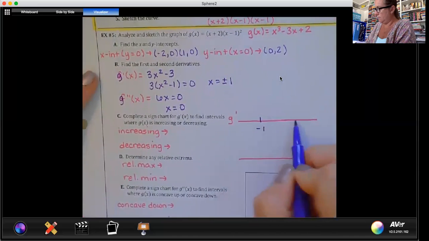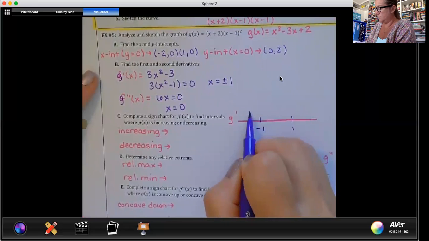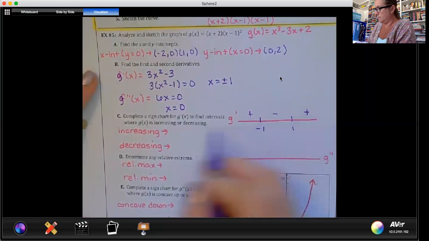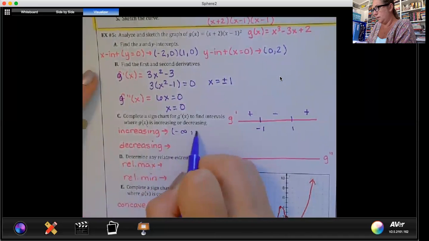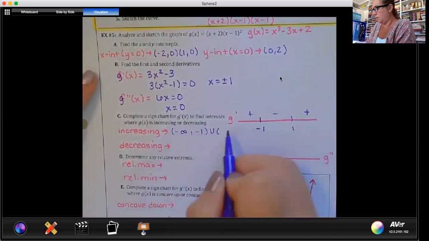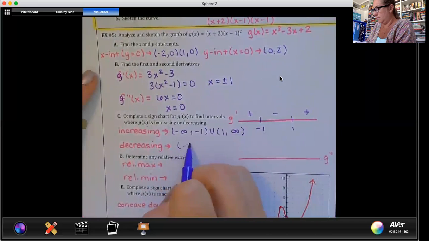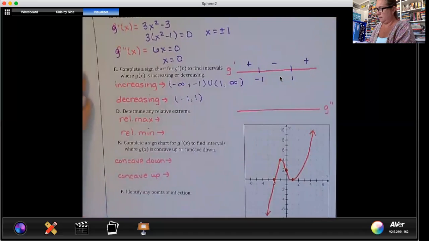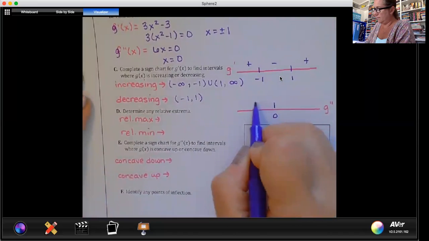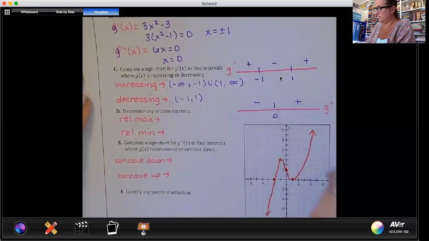So we have -1 and 1, and we found that this was positive and negative and positive. So we are increasing from -infinity to -1 and from 1 to infinity. And we are decreasing from -1 to 1. Excuse me. On g double prime, we have 0, and we found that this is negative and positive.